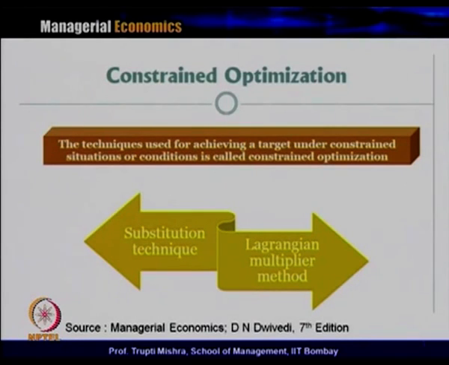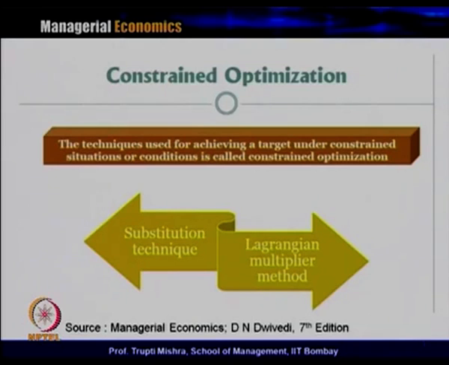The motivation for optimization remains the same, achieving a target either to maximize the profit or to minimize the cost, but here the difference is that there is a constraint along with the objective function.